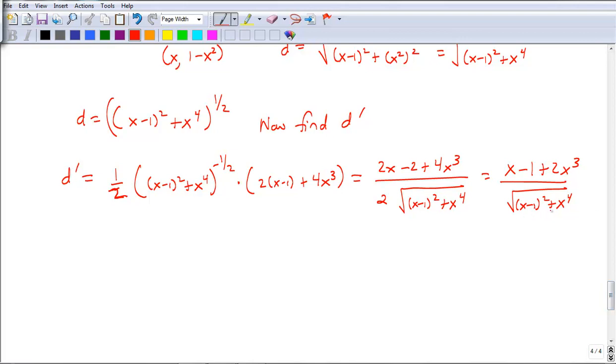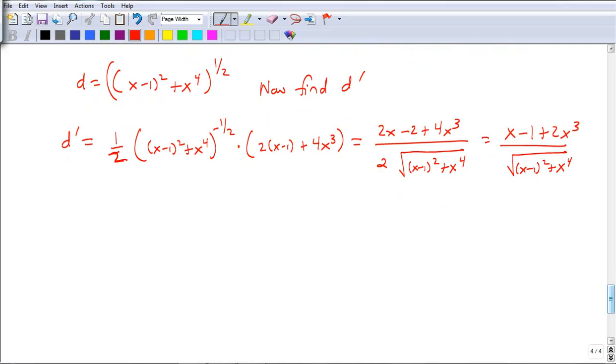Notice it's hard to make the bottom of that thing 0. When I raise something to the 2nd power and the 4th power, it's always positive. So it's impossible for the bottom to be 0 here, because I'm adding 2 non-negative numbers and can't put in 0 for x. So to find the critical points, I take this derivative, write it as (2x cubed plus x minus 1) over the square root of (x minus 1) squared plus x to the 4th, and set it equal to 0.